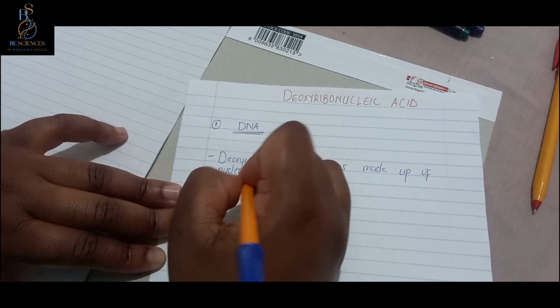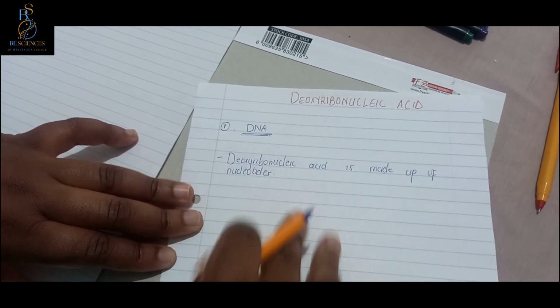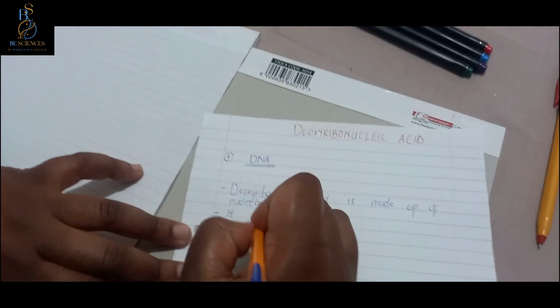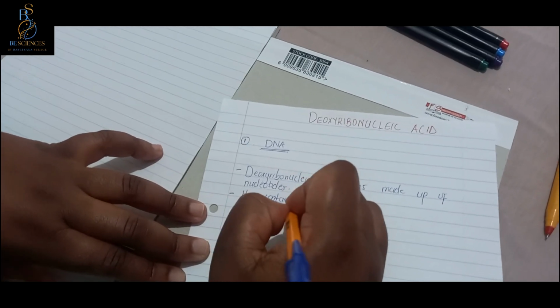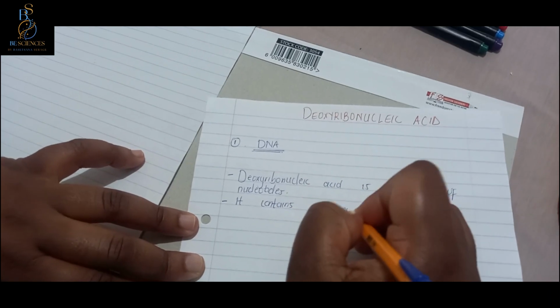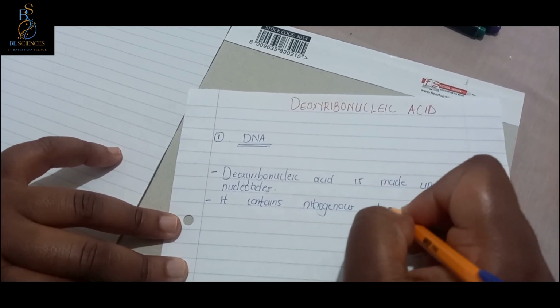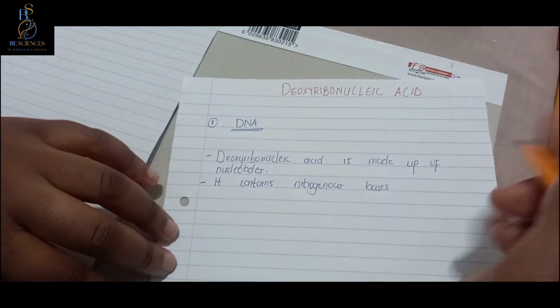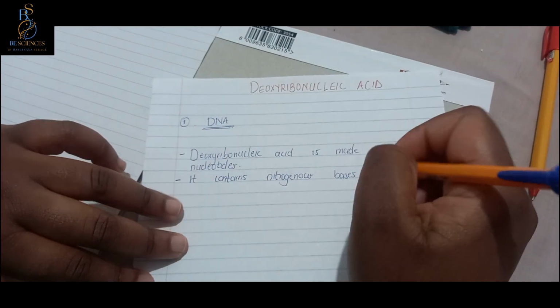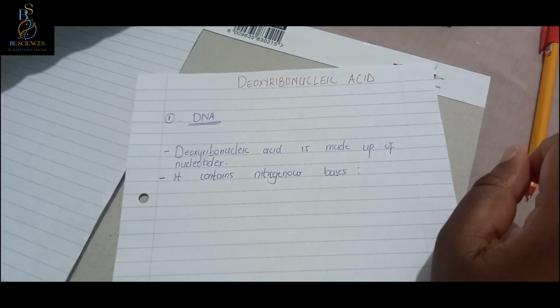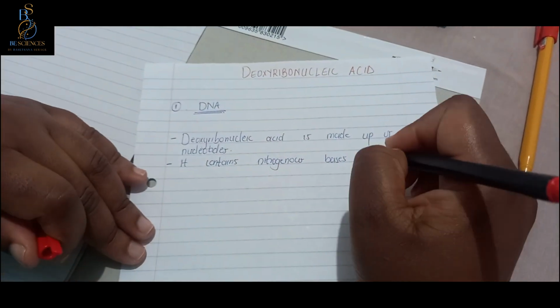And then we remember that it contains nitrogenous bases. Obviously, we remember also that it's got the phosphate, it's got the sugar, but this one, important. It contains nitrogenous bases.